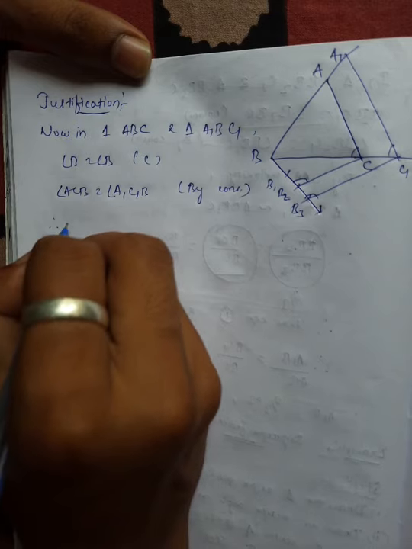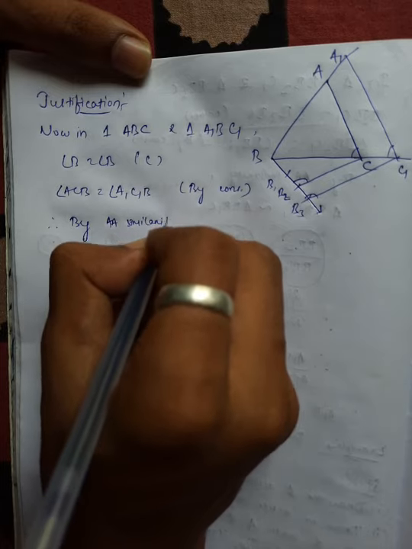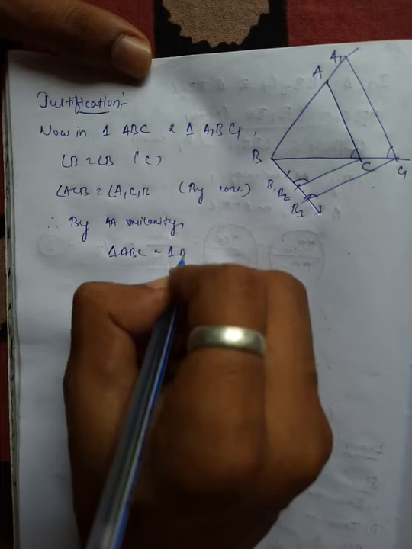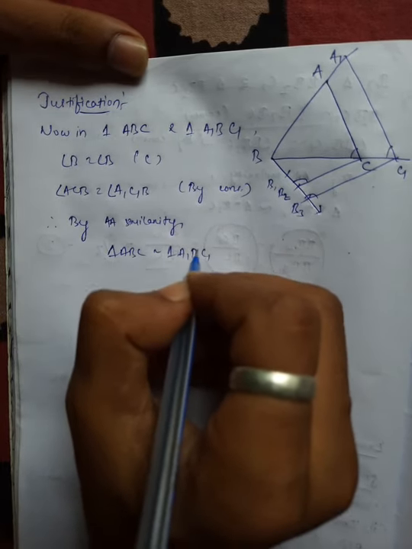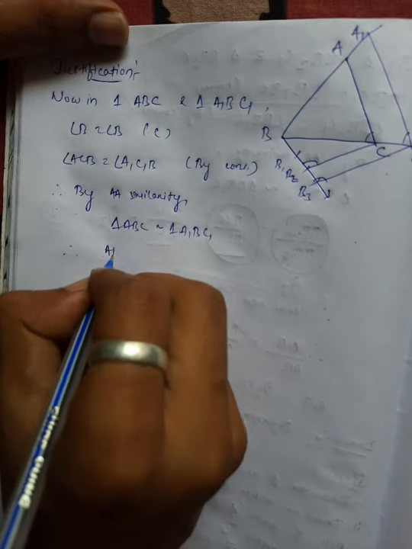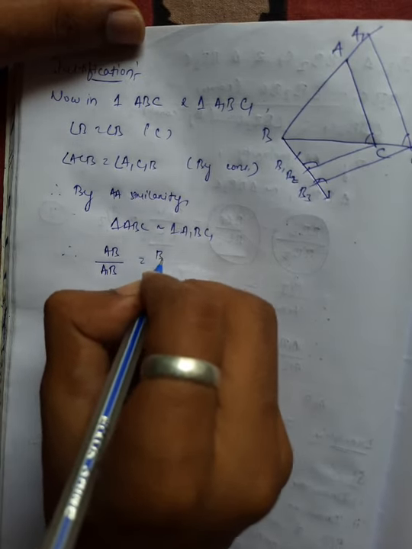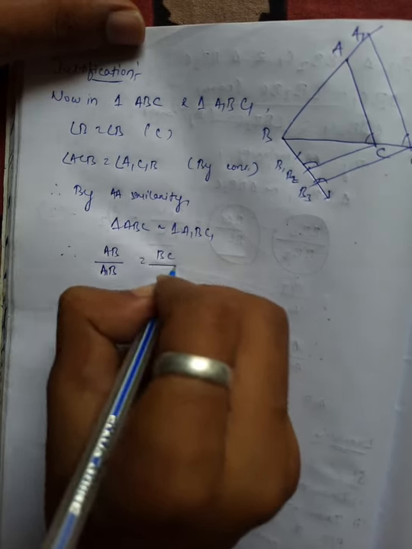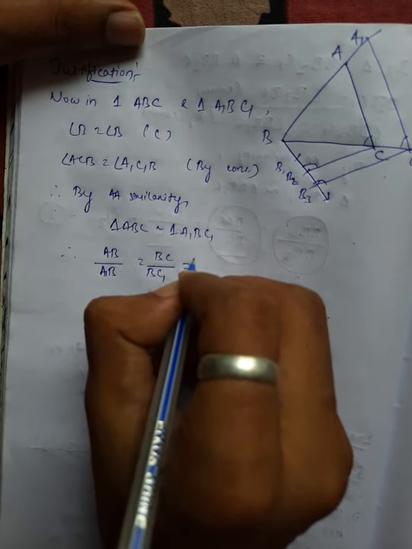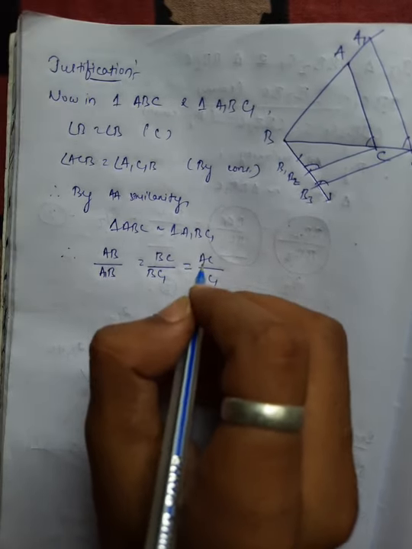So therefore by AA similarity, these two triangles are similar, triangle ABC is similar to triangle A1BC1. Therefore the ratios will be AB by A1B equals BC by BC1 equals AC by A1C1.